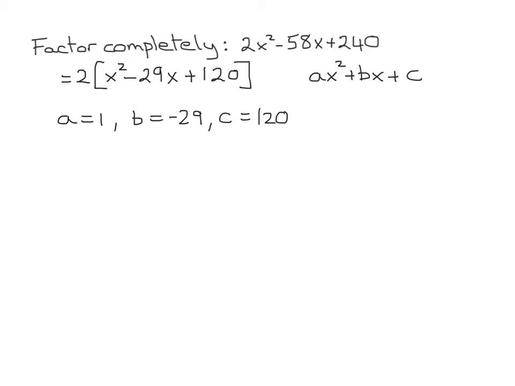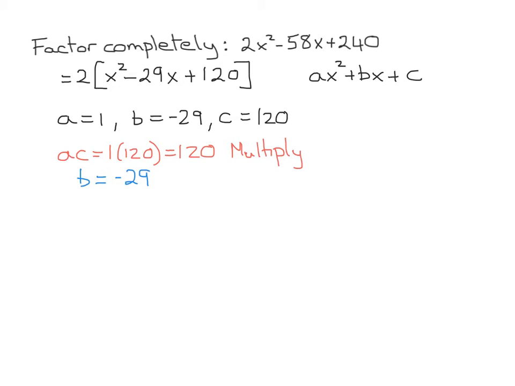Now we multiply a times c, and a times c is 1 times 120, which is 120, and b is equal to negative 29. The two numbers I'm looking for need to multiply.